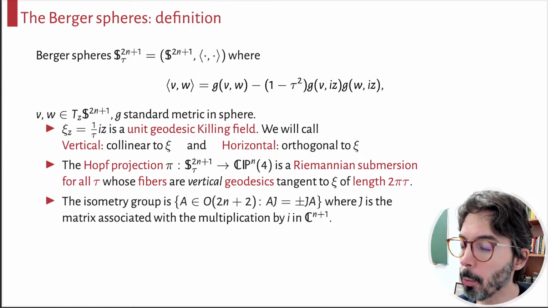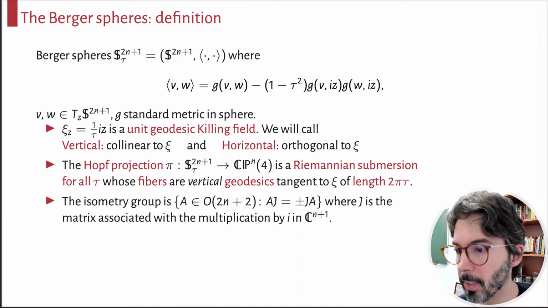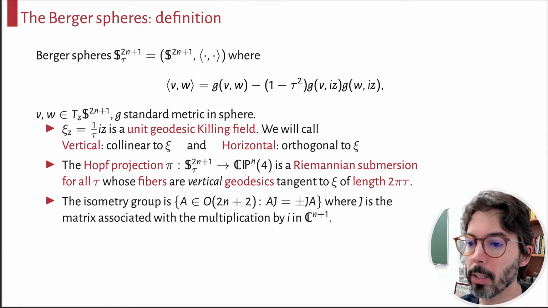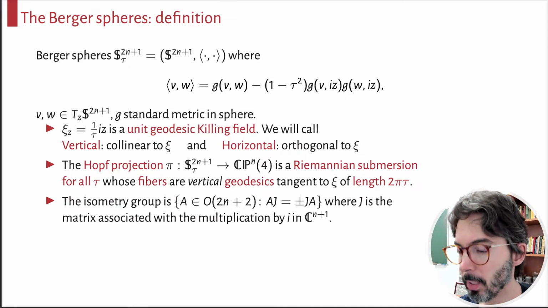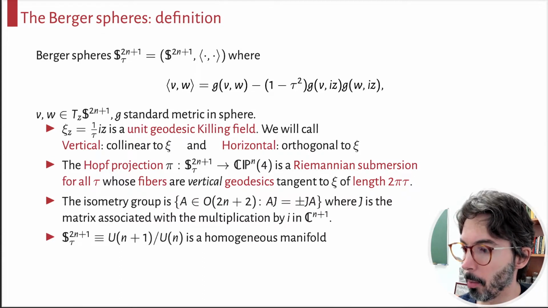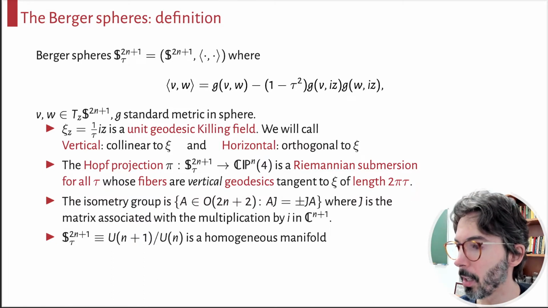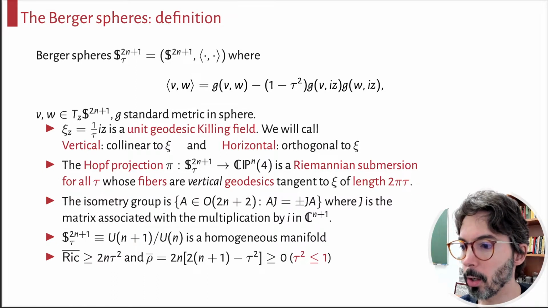The isometry group is those matrices in the orthogonal group that commute or anti-commute with the complex structure of the complex space. Moreover, the Berger spheres are homogeneous manifolds. Its Ricci and sectional curvature are bigger or equal than 0.